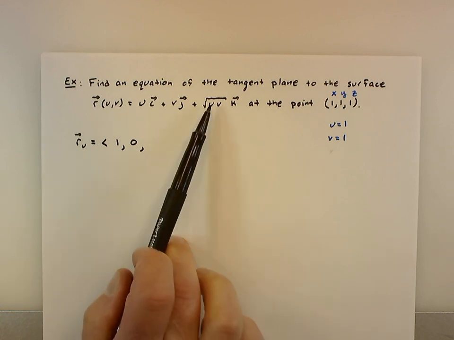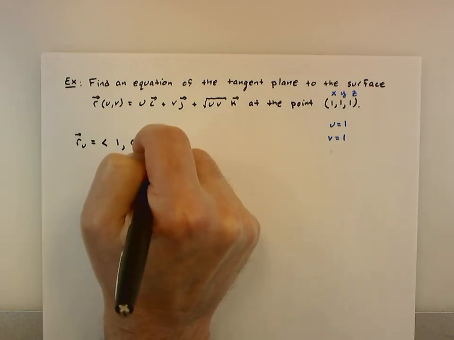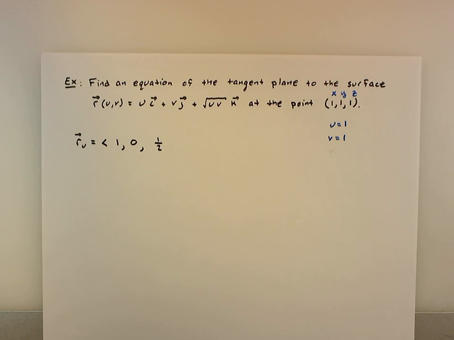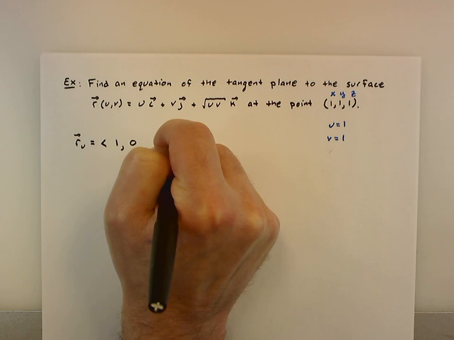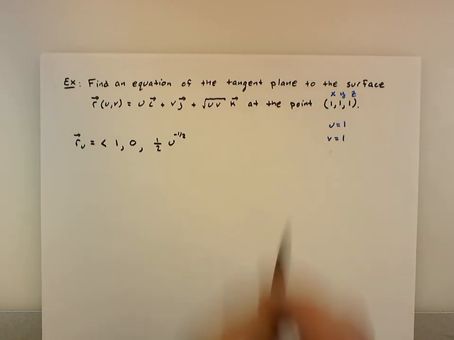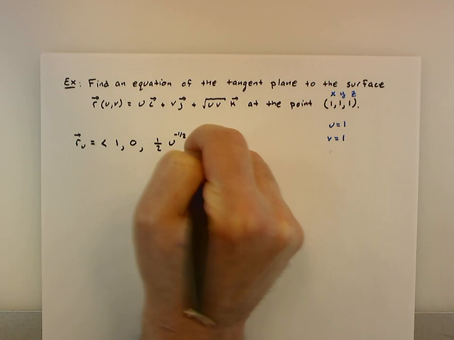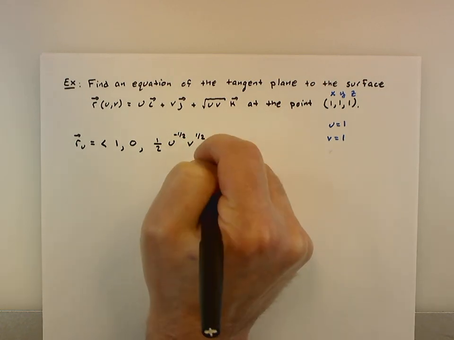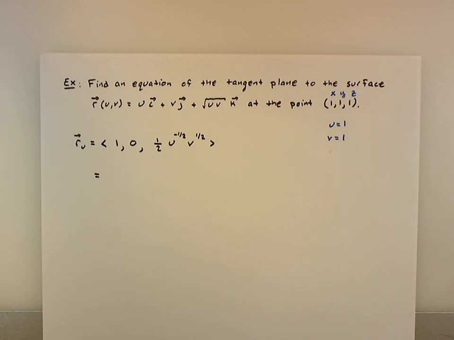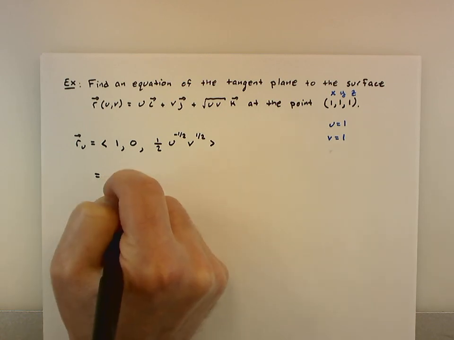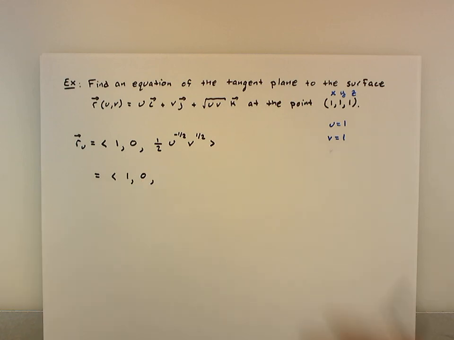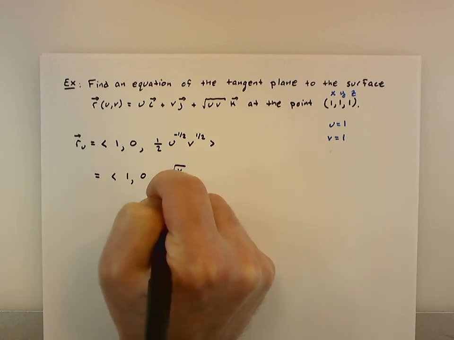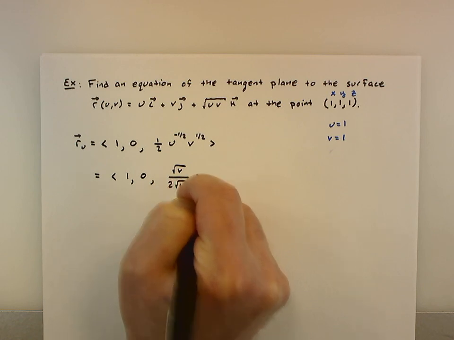The partial derivative of this component with respect to u is 1/2 u to the negative 1/2 v to the 1/2, which is equal to 1, 0, square root of v over 2 square root of u.